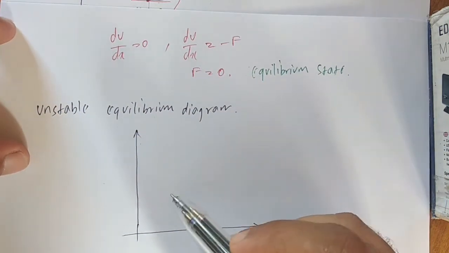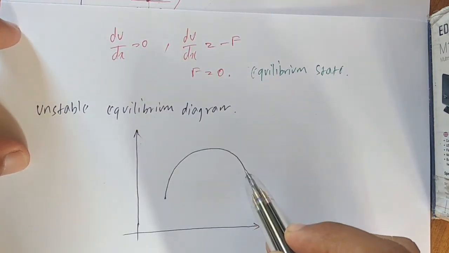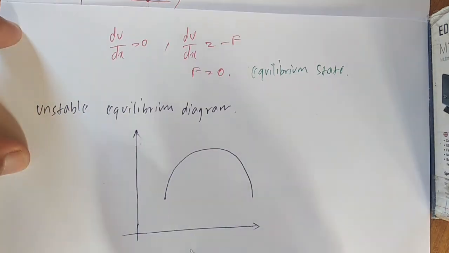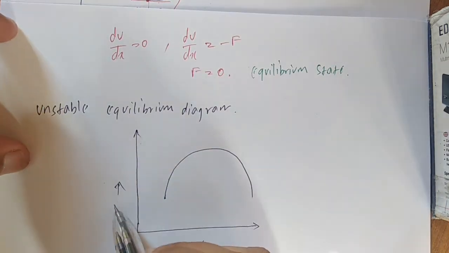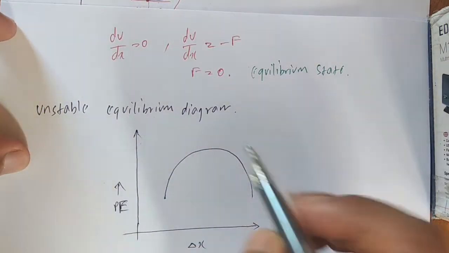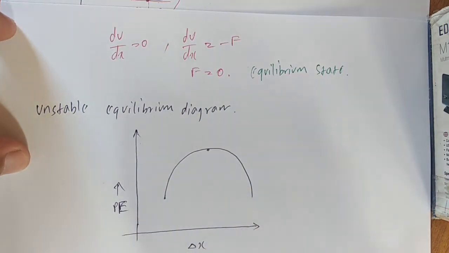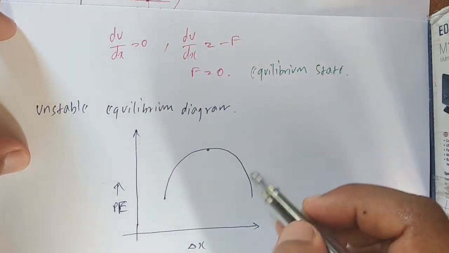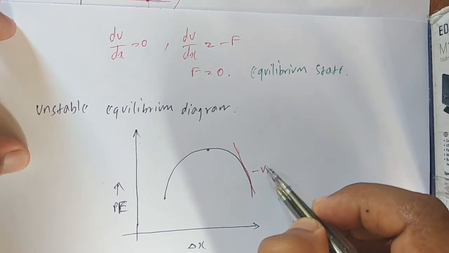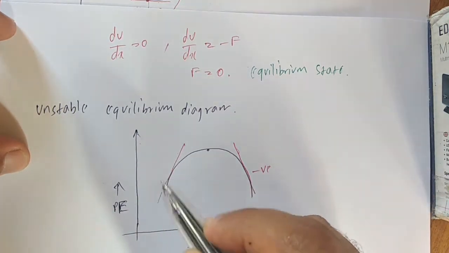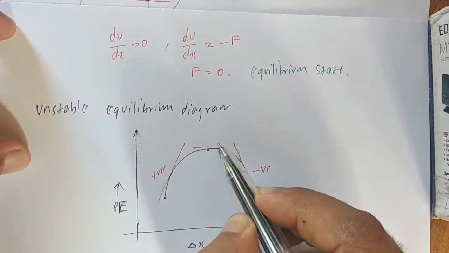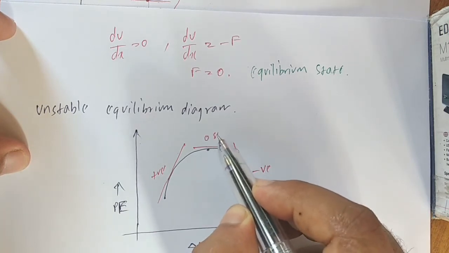The diagram is similar to a ball in an upside down direction, and this is change in x, this is potential energy. You can see that this side has a negative slope, this side has a positive slope, and this side has zero slope.